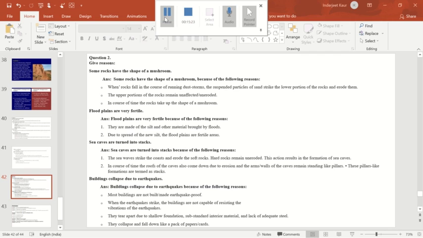Whenever an earthquake strikes, the buildings are not capable of resisting the vibration of the earthquake, so they tear apart due to shallow foundation, standard interior material and lack of adequate steel. Because of that, those buildings collapse and fall down like a pack of cards.